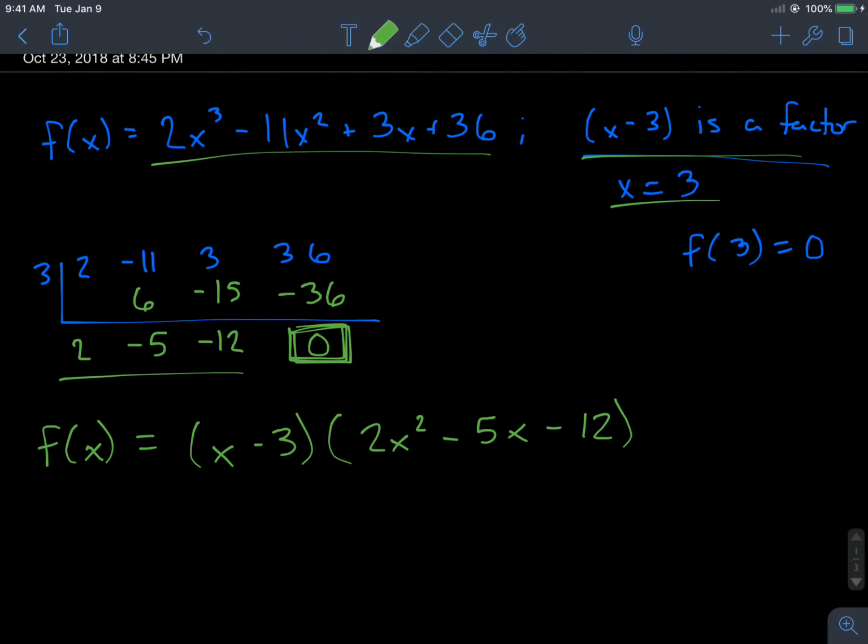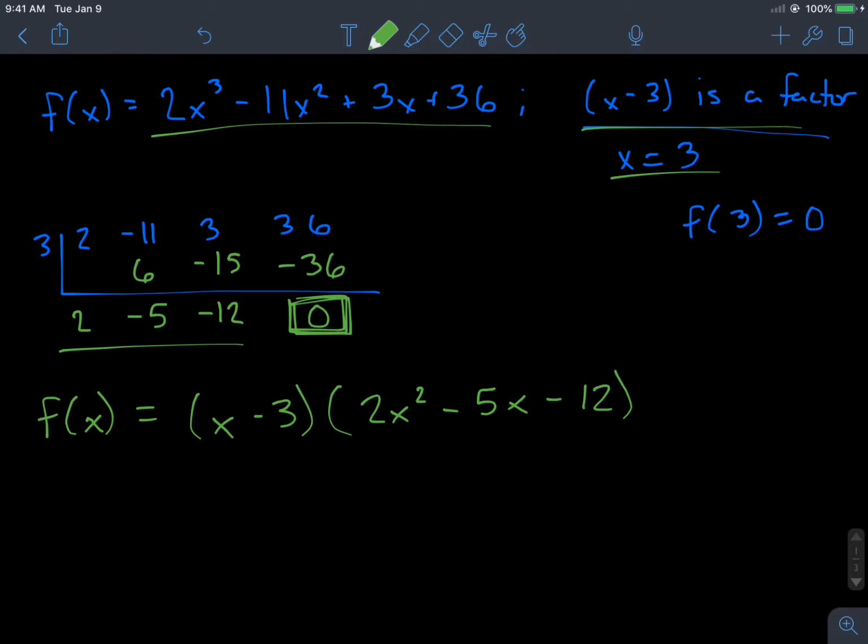So now we've factored something out, and now maybe the rest of this factors as a quadratic or by grouping or one of those other strategies we had looked at before. So does 2x squared minus 5x minus 12 factor? If we're multiplying to a 2x squared, one of these has to be 2x. One of them needs to be x.